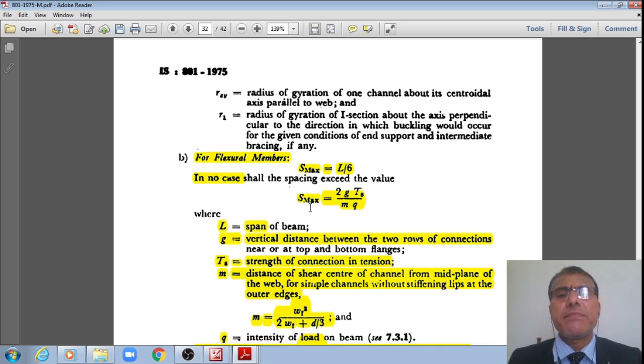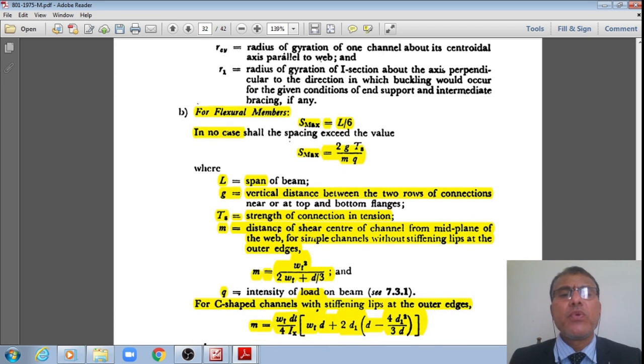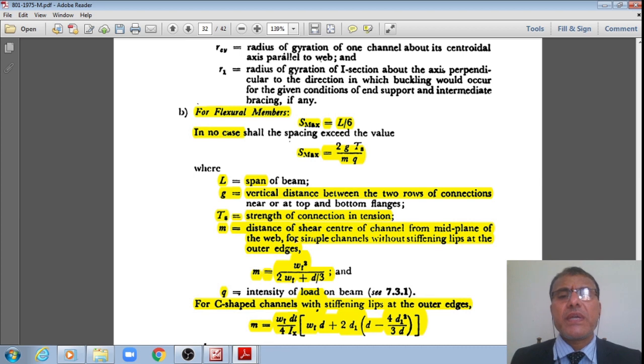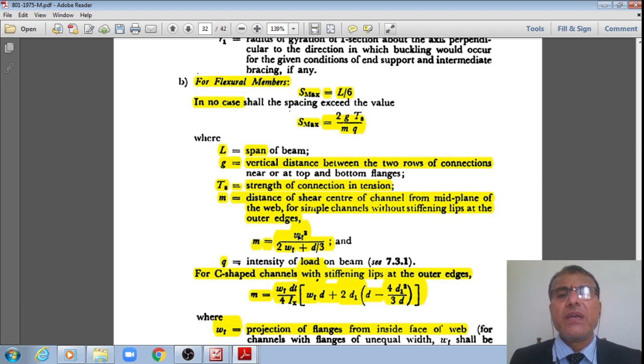In no case should S maximum be greater than 2G TS divided by MQ, where L is the span of the beam and G is the vertical distance between the two rows of connections near or at top and bottom of flanges, right? That is actually the gauge distance, right? TS is equal to the strength of the connection in tension, and M is the distance of the shear center of the channel from the mid plane of the web.